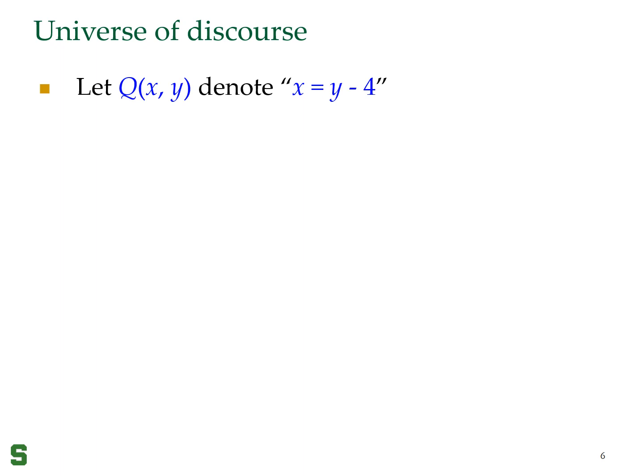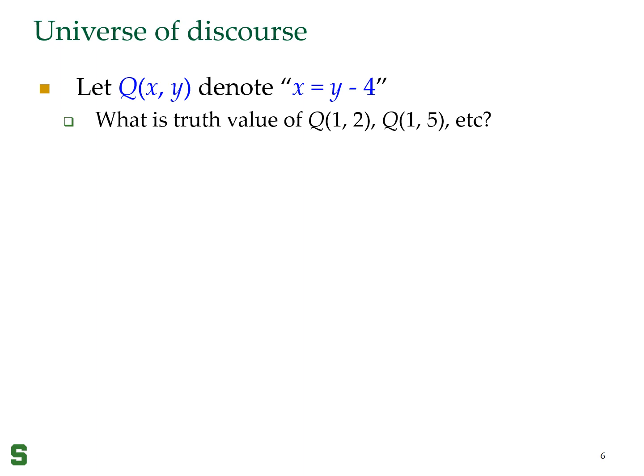For this example, let's say we have a propositional function Q of x, y, and the property that we are representing by Q is x is equal to y minus 4. So we can ask the question, what is Q of 1, 2, what is Q of 1, 5, etc. What I want you to do first of all is figure out what these values are.